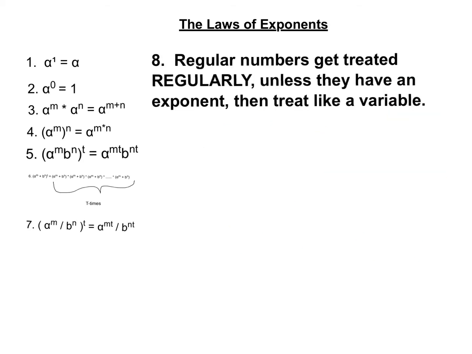Now, here's the biggest part. One of the biggest things we have to remember is regular numbers get treated regularly. So if our function is dealing with multiply, we multiply. If it's dividing, we divide.